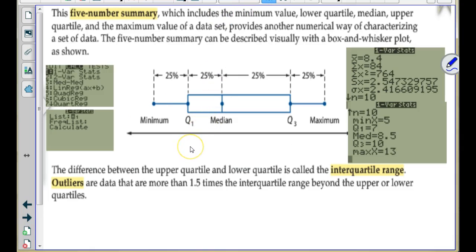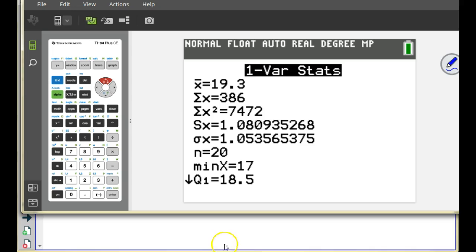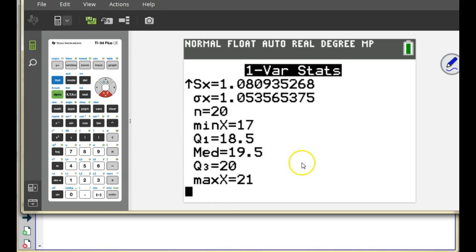5-number summary. Does everybody remember where to find that? That was when you did the 1 variable stats and then you scroll down to the bottom, these 5 numbers, min, Q1, median, Q3. So tell me again what I might say in words. All of the steaks weighed between 17 and 21 ounces, right?